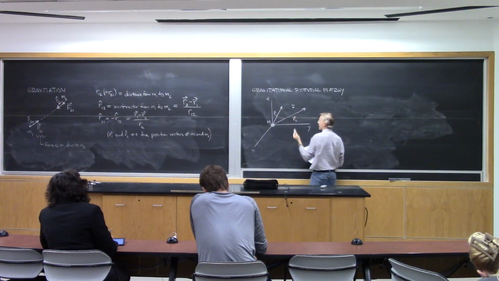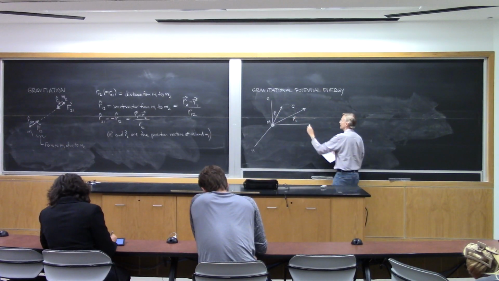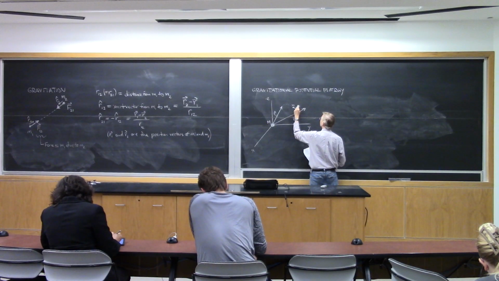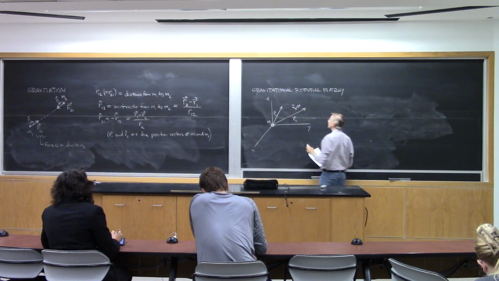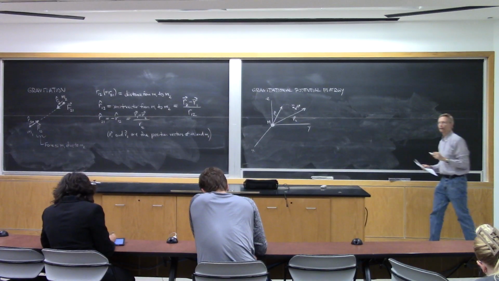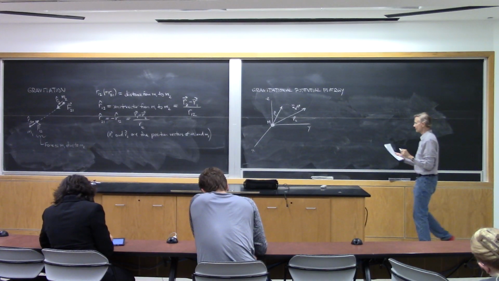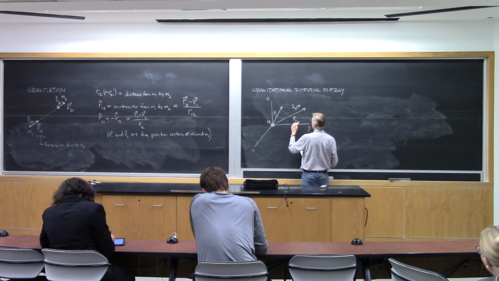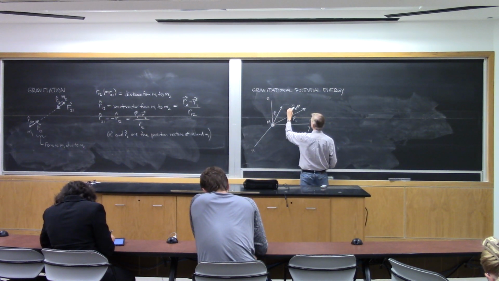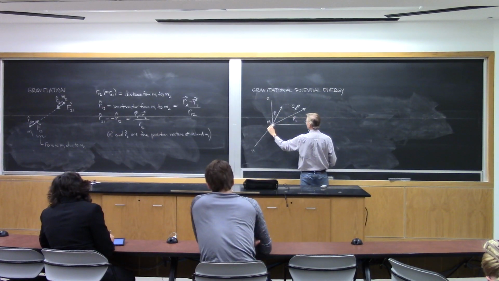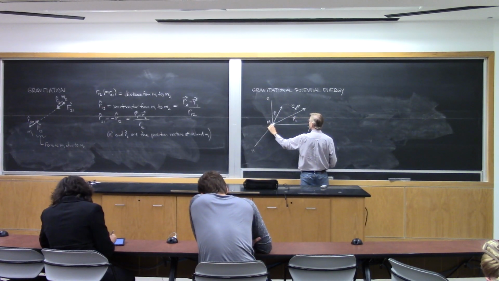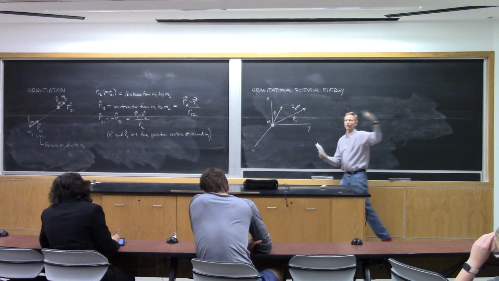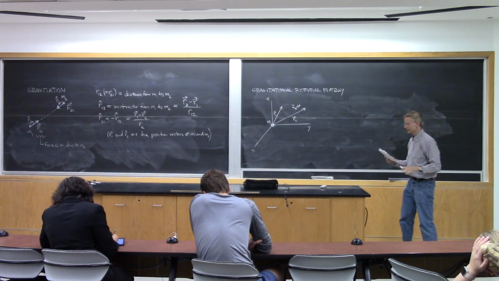It follows this dotted path, let's say. And so we could talk about a little dr, a little displacement of mass little m along that path. And so the position vector of little m itself, if I wanted, I could draw another arrow and just call that r as a function of time.